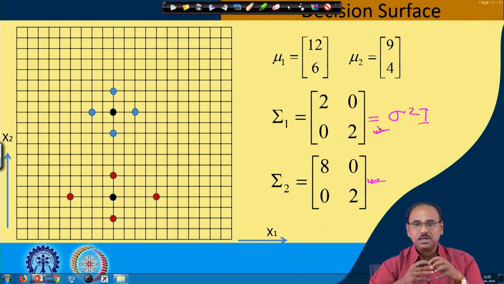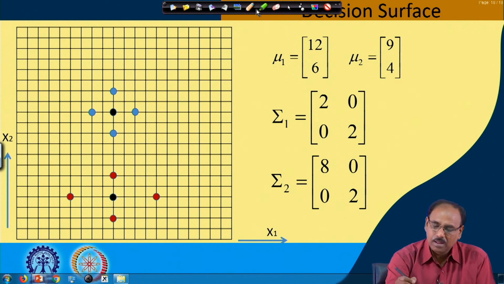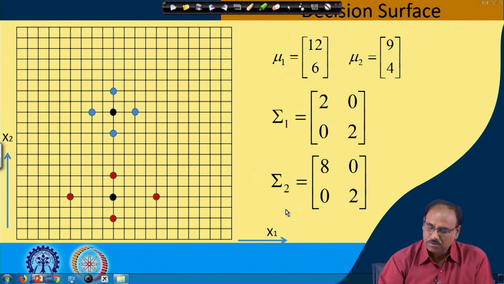So, to find the decision surface between the two classes, I simply have to make g i x minus g j x and equate that to 0. And after equating that to 0, whatever I get becomes the decision surface.